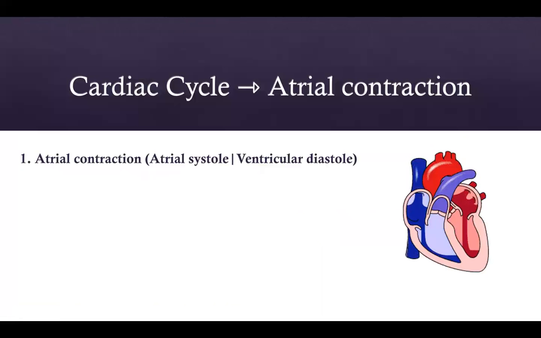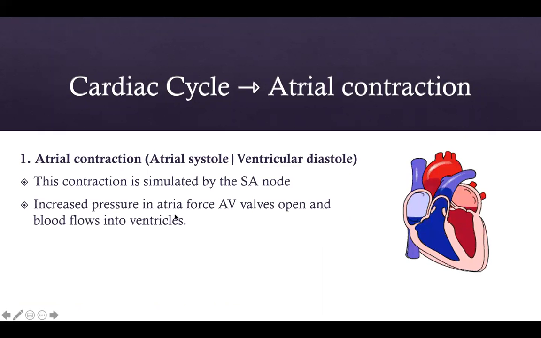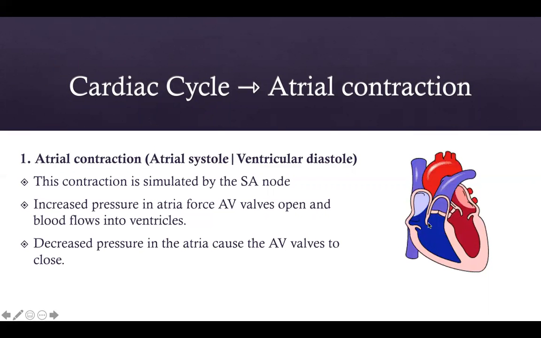We'll visit that again. So at the beginning of the phase here, we've got atrial contraction. This contraction is stimulated by the SA node. Increased pressure of the atria is going to force your AV valves open, and blood's going to flow into the ventricles. And once blood exits that chamber, the decreased pressure in your atria is going to force those valves to snap shut.